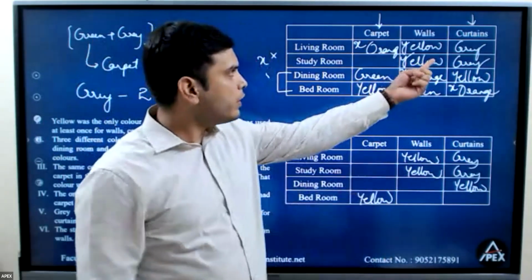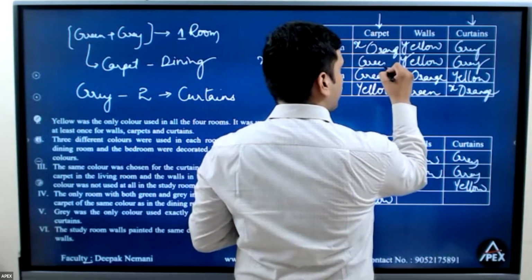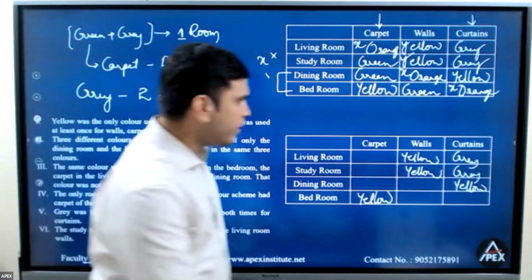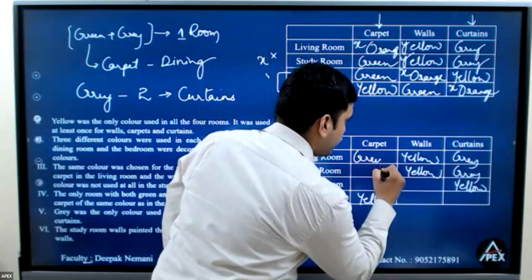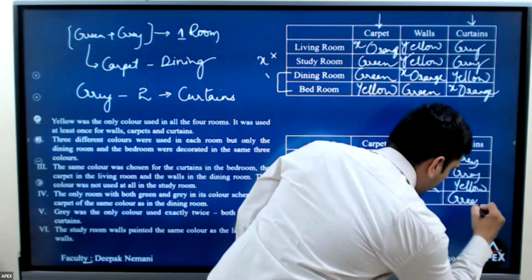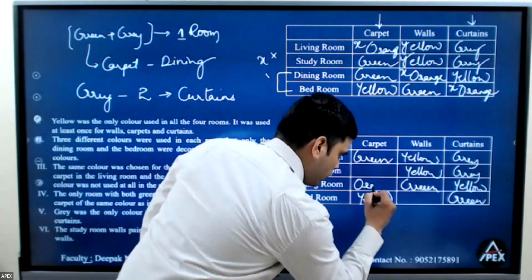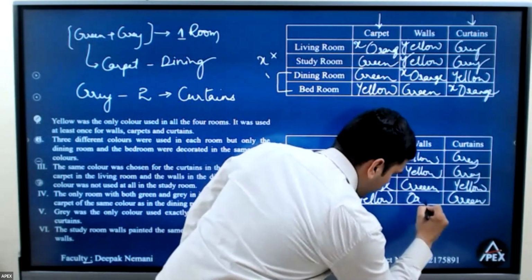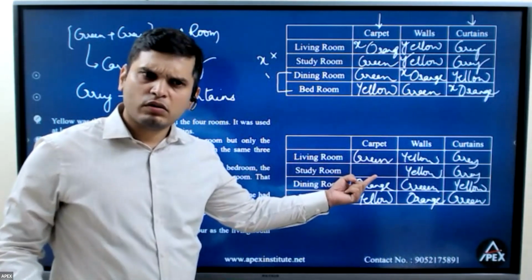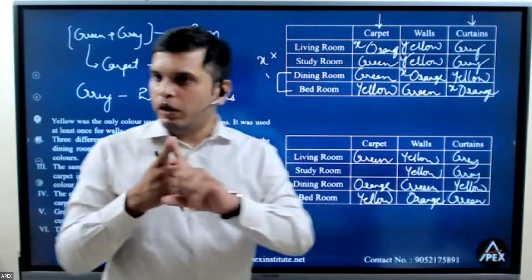No, there is no green here, not in the first room. So this should be green. Then when X is orange. Clear? Now if I consider X as green, this will be green. This is green. This is green. So gray is not used in these two rooms. So the third color should be orange. Now what should this color be? Orange, because this color cannot be green, because gray and green together were used in only one room.